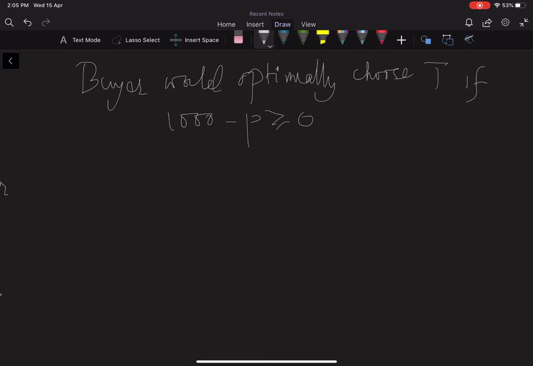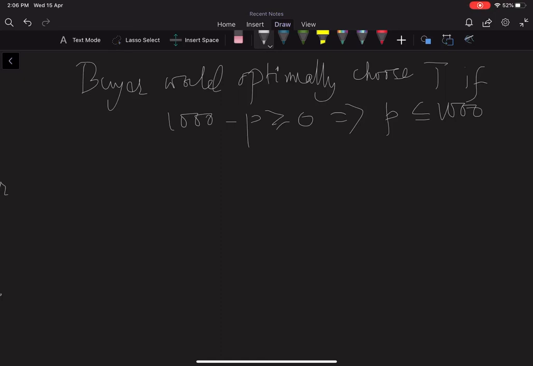Because the buyer knows that it is of quality lemon with probability 1, his expected payoff is 1000 minus p. He expects a lemon, and so he'll trade only if this is positive, which means that p must be less than 1000. So the buyer will go through with the trade only if p is below 1000.